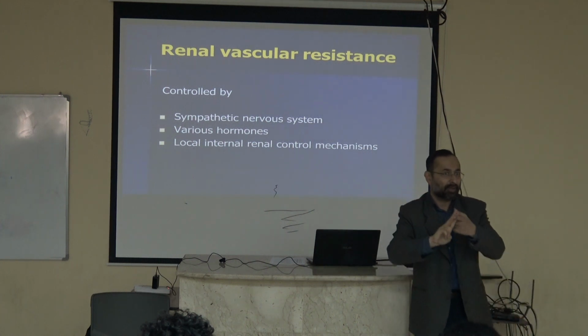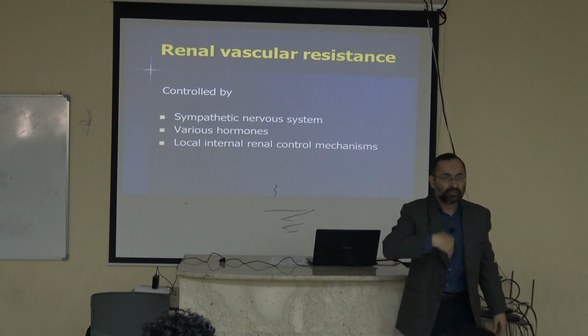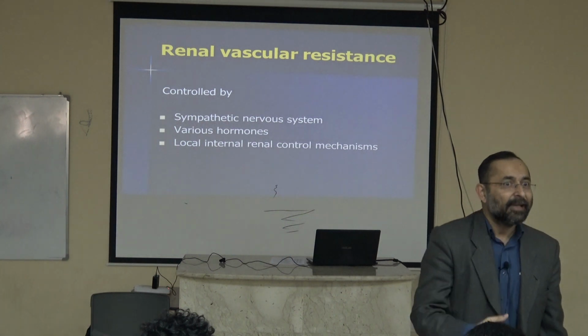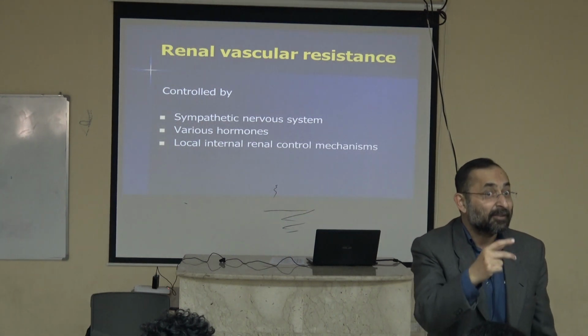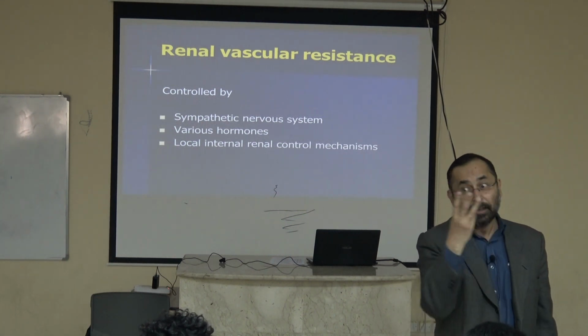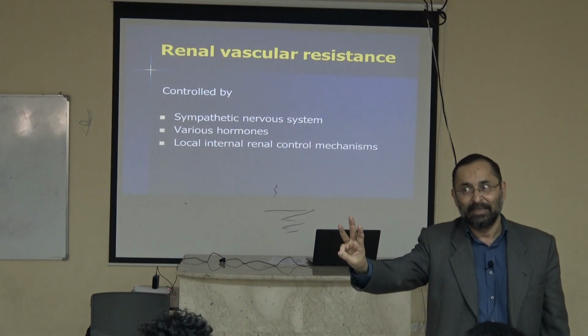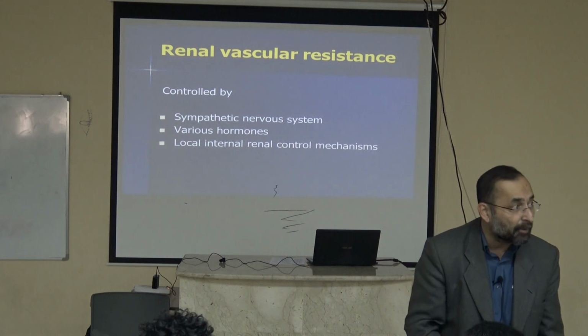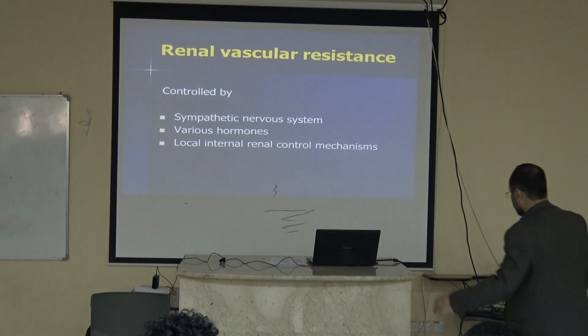Three regions. If I ask you that a vasoconstrictor hormone is acting on the kidney, and what special areas of the renal circulation it will affect, you will come up with three areas: you will focus on the afferent and efferent arterioles and the interlobular arteries. Keep it in mind, okay?